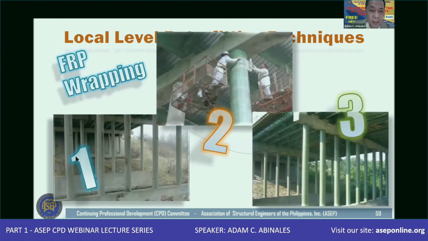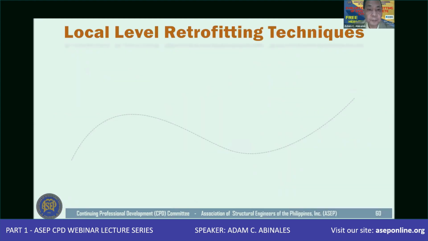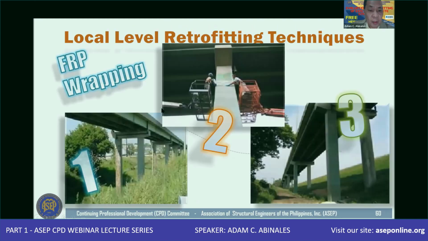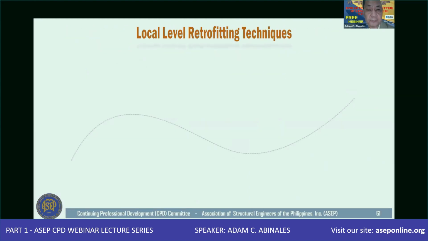Another case has these slender columns, where they try to increase the flexural and shear capacities. Then you have this wrapping, and now this is the completed retrofitting work. Also here, applying the FRP, and now you have the finished retrofitting work using FRP.